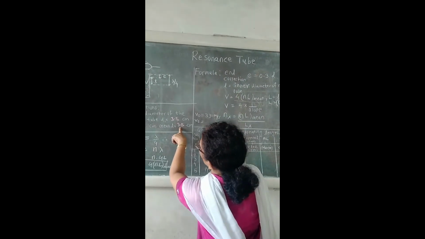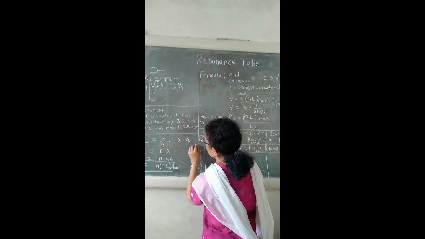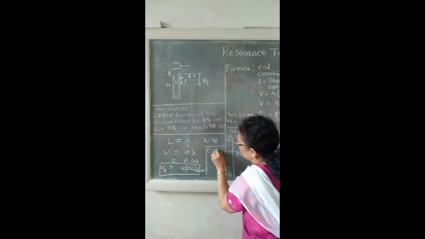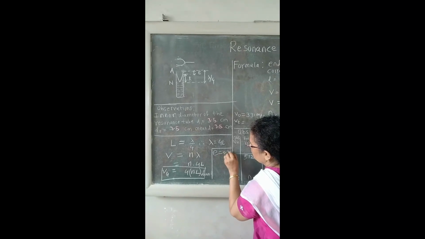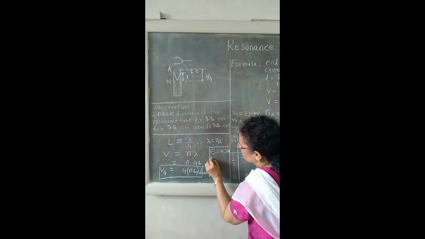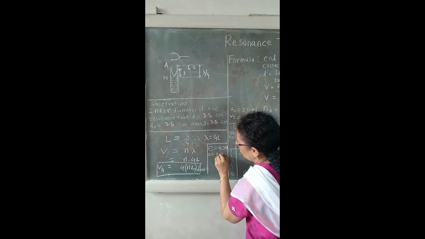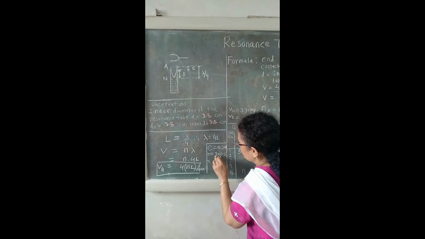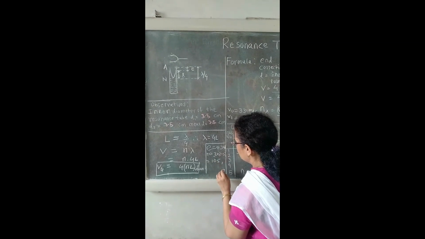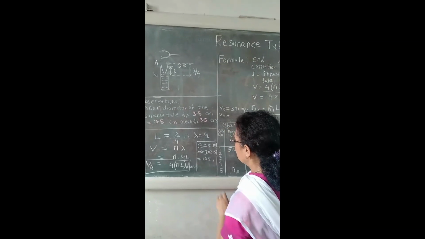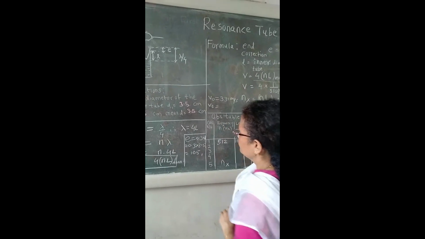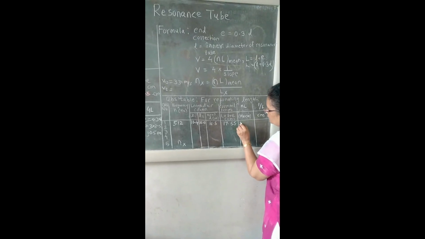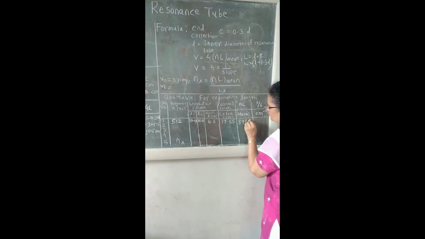The inner diameter is 3.5, and to find the end correction, it is 0.3 multiplied by D, that is 0.3 into 3.5. It comes 1.05 centimeter. Adding it, the result is 17.55 centimeter, and it is coming 8985 centimeter.